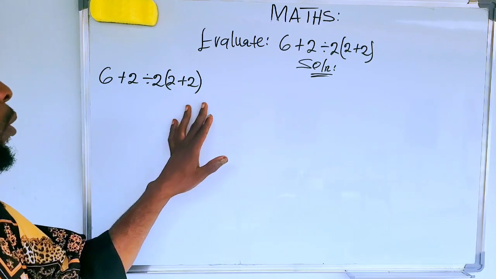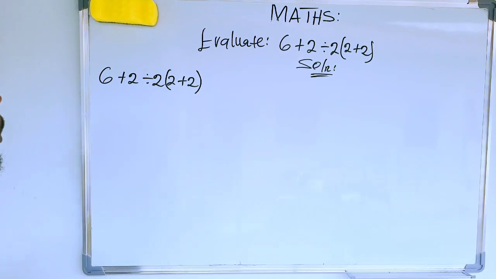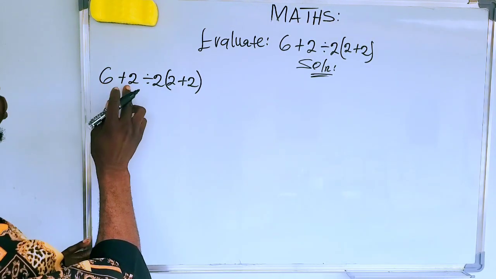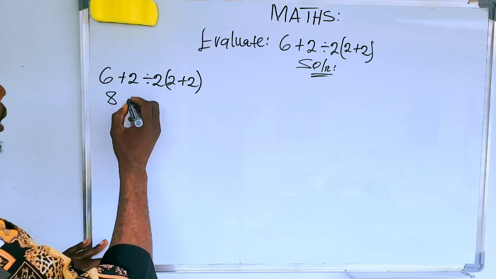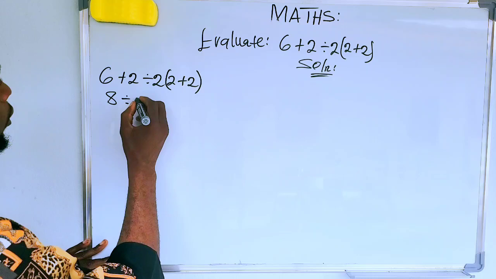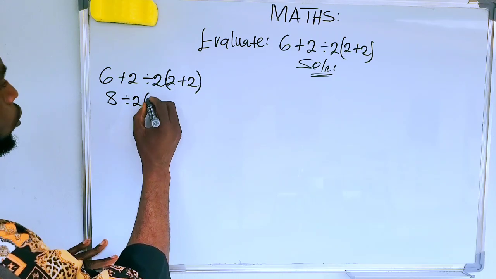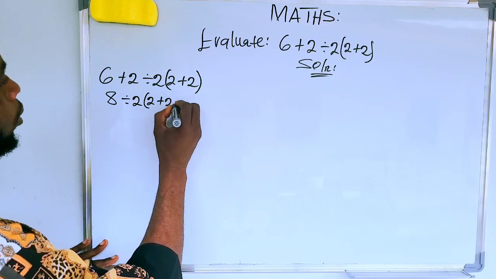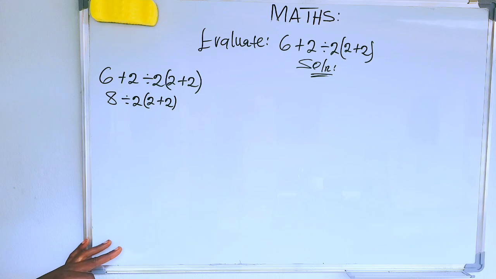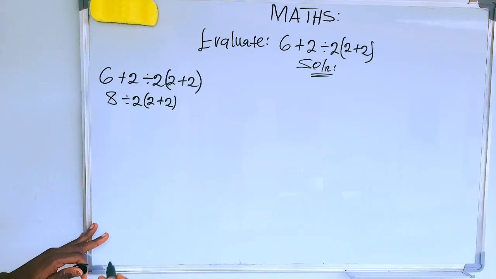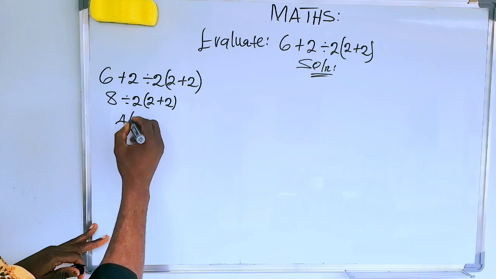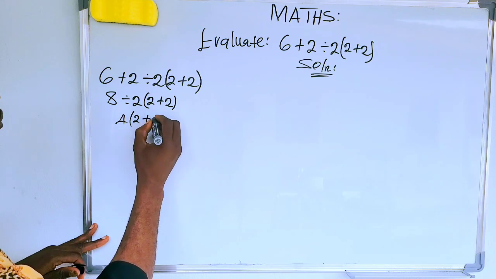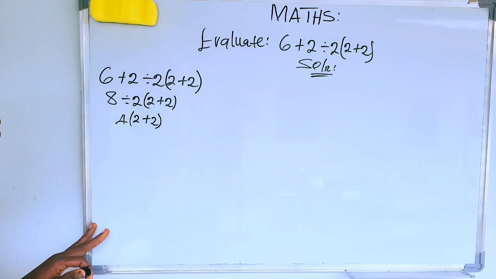Here, some persons will simplify this like this. Now we have 6 + 2, that gives 8. And divided by 2 times (2 + 2). Then at this point, we have 8 ÷ 2, that gives 4, times (2 + 2).